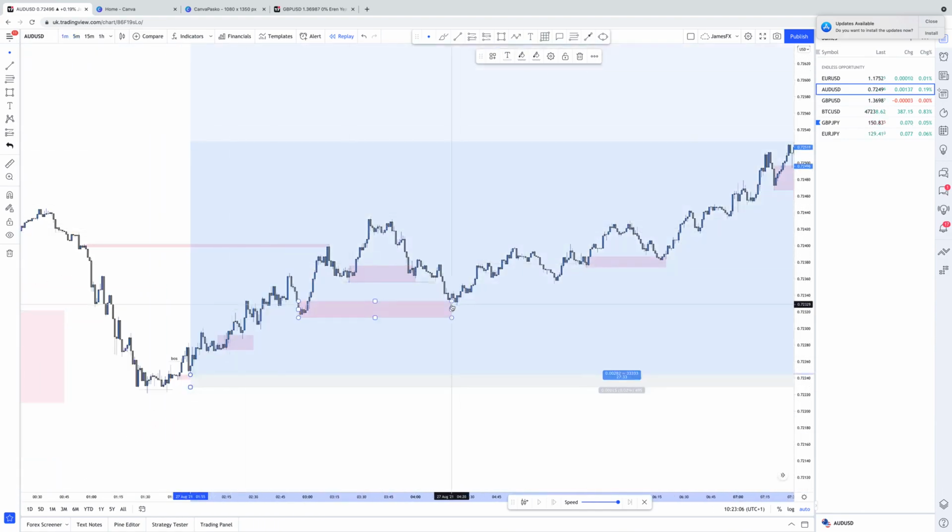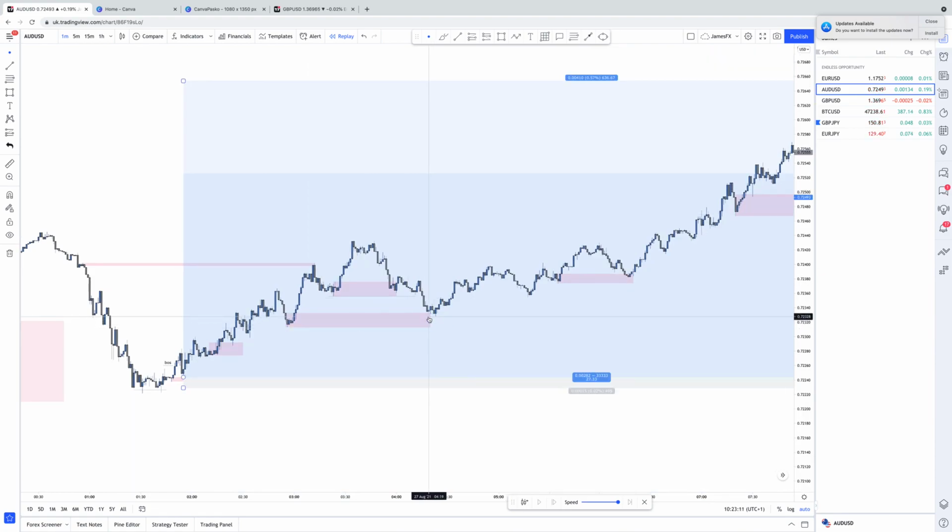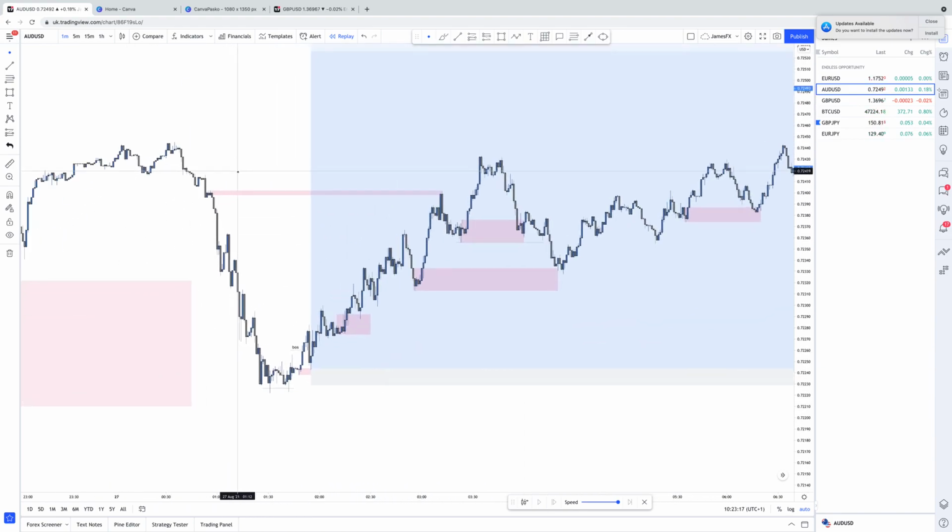That's the reason why I've marked it on like that. And then price came in, and that would be more of a safer entry if you're going to be looking to take these, because everything below or previous to this pricing here is efficient, and it's all been mitigated really.